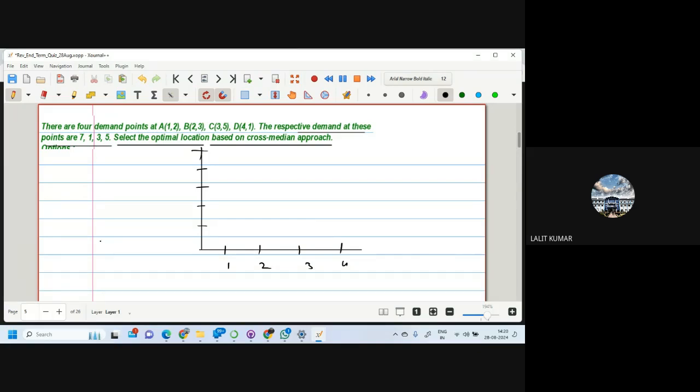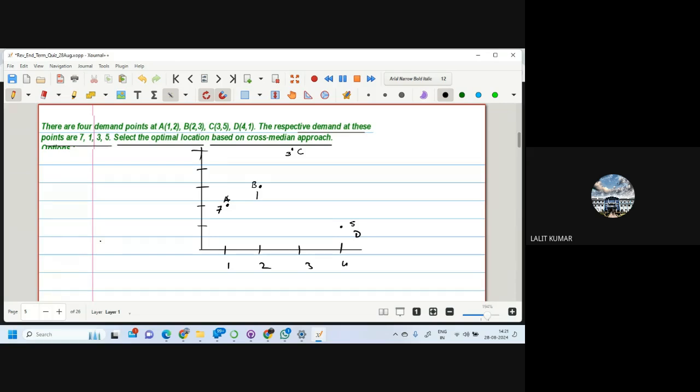So A is (1, 2), somewhere here, and its demand is 7. B is (2, 3), somewhere here, and demand here is 1. C is (3, 5), that is here, and demand is 3. And D is (4, 1), and the demand is 5.